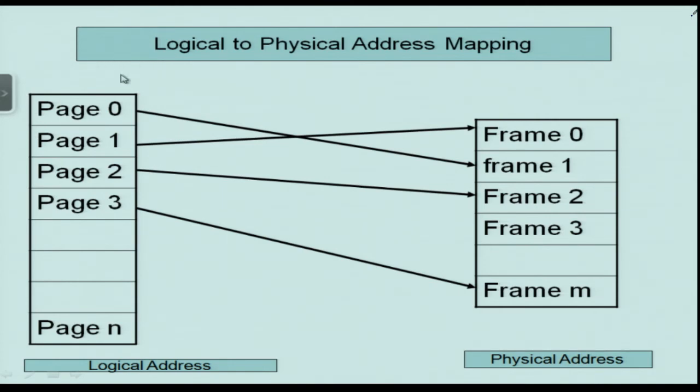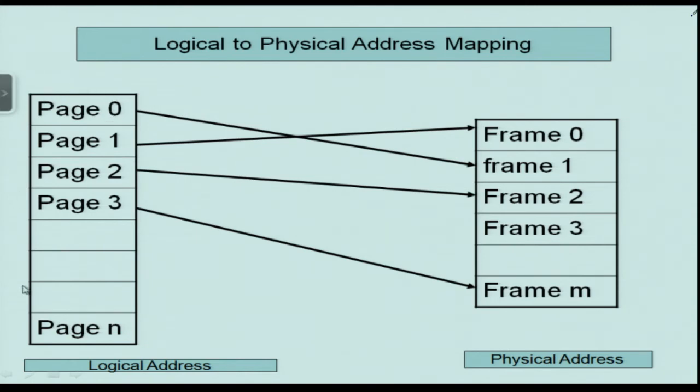So, we take the logical address space and divide it into a fixed number of pages. If the page size is 4 kilobytes, then for the Intel processor with a 32-bit IP, 2 to the power 32 divided by 2 to the power 12, that is 4K, gives a total of 2 to the power 20 pages.